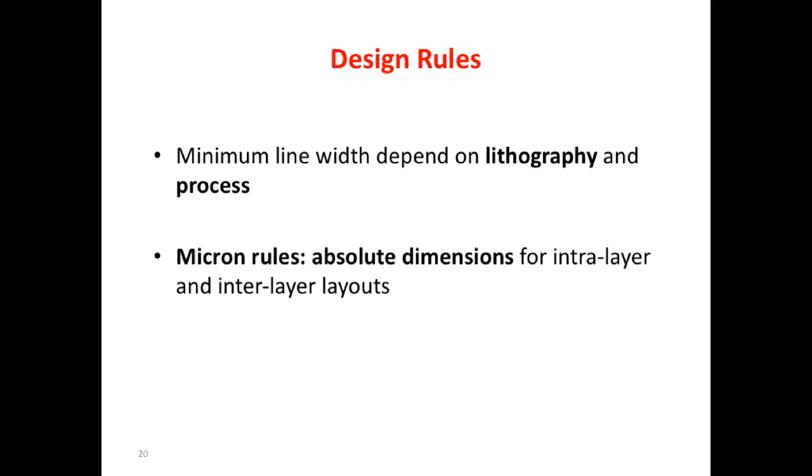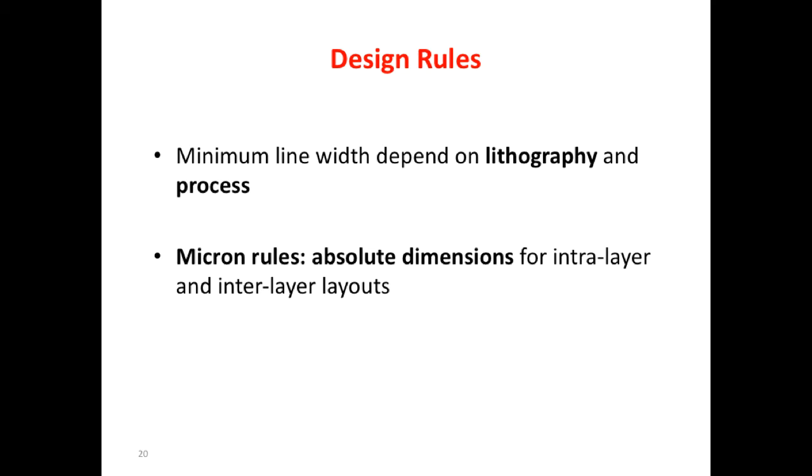The most important aspect is that there's a minimum line width that depends on lithography and process. And this minimum line width is the minimum feature size that can be obtained for any different type of layer.